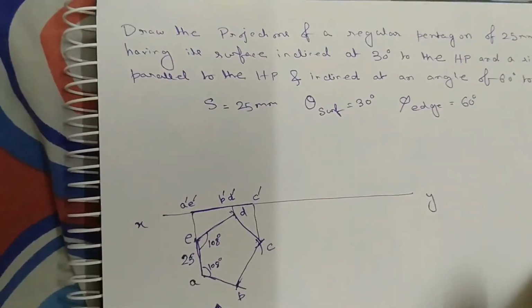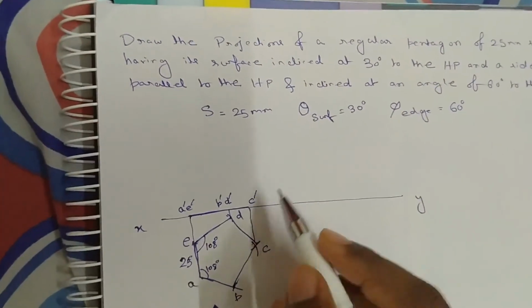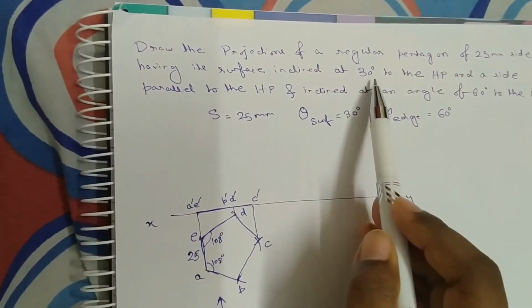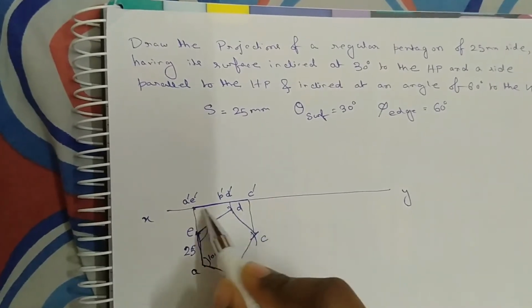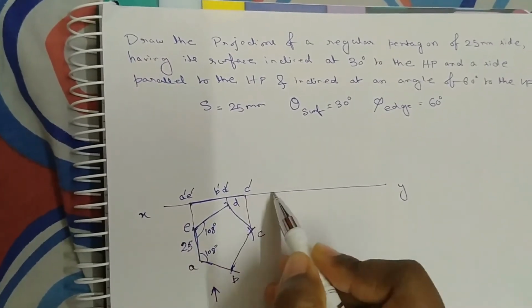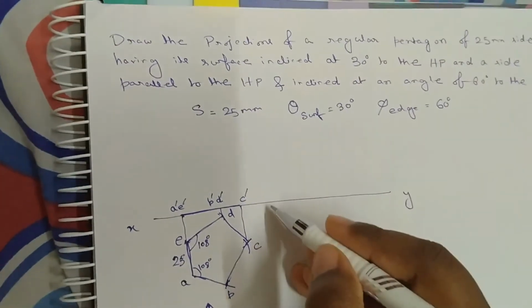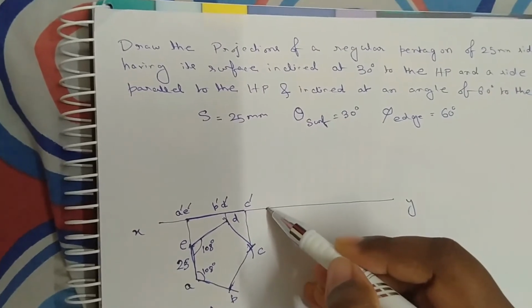After that, what we have to do? We need to get 30 degree angle. So what we will do? We will recreate this line over here on front view at an angle 30 degree. So what we are going to do?